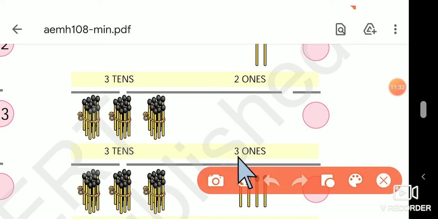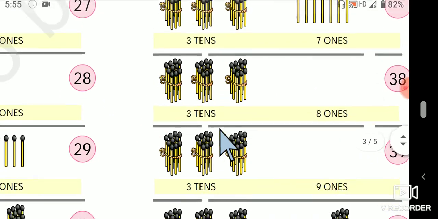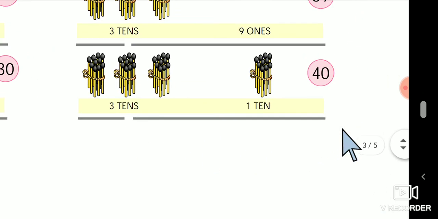Draw the 3 matchsticks. 1, 2, 3. 3 tens and 3 ones is equal to 33. 3 tens and 1 ten is equal to 40.